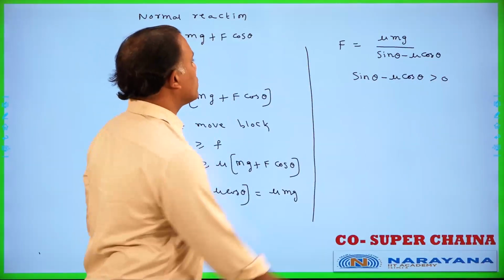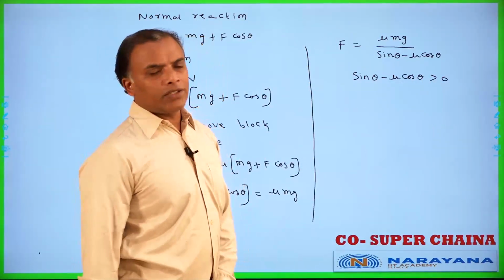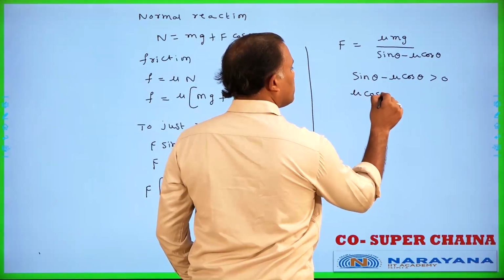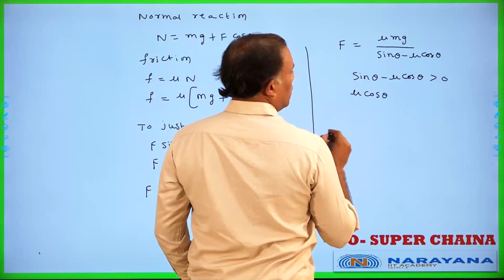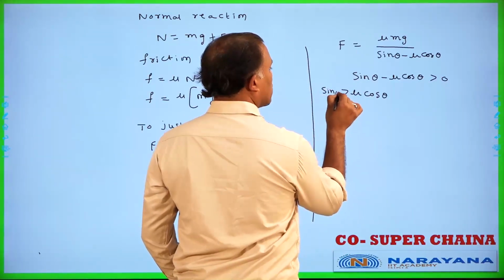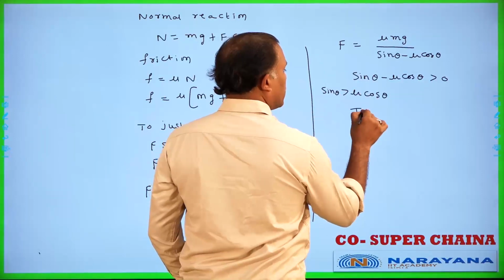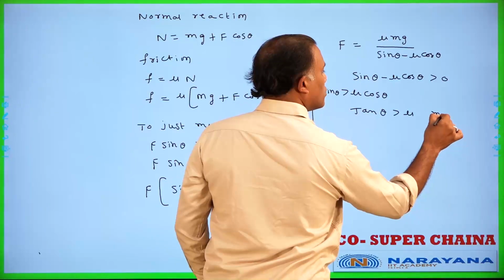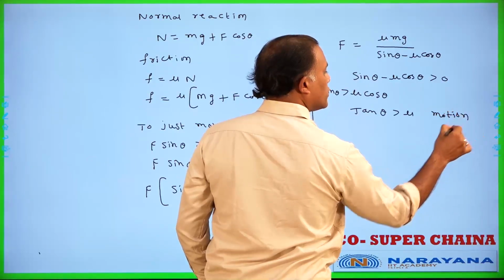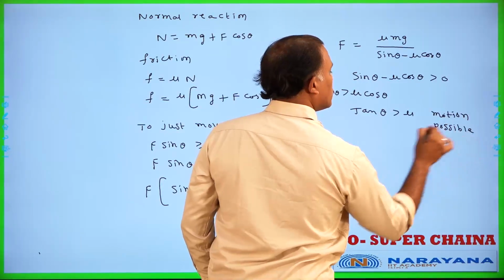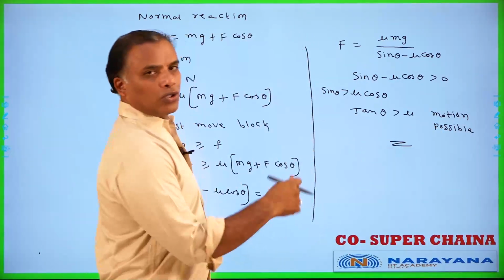If sin theta is greater than mu cos theta, then tan theta is greater than mu, and motion is possible. If less than, motion is not possible. Like this, we can check it out.